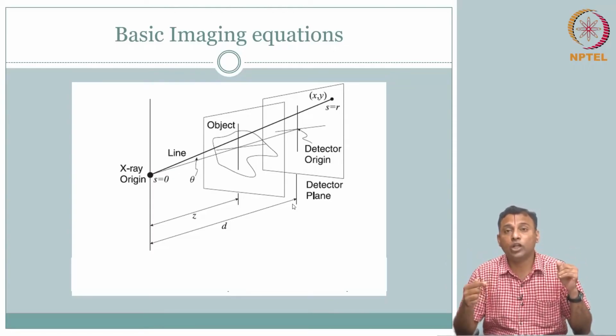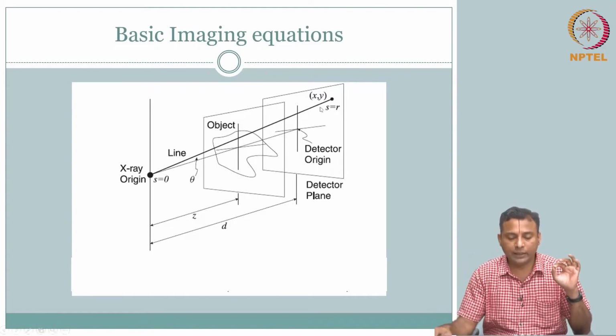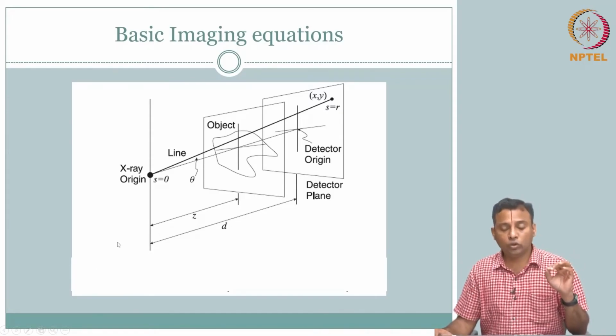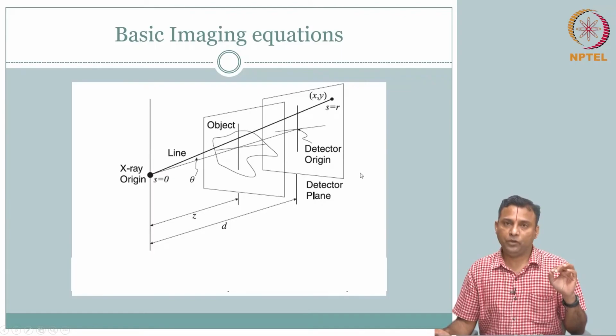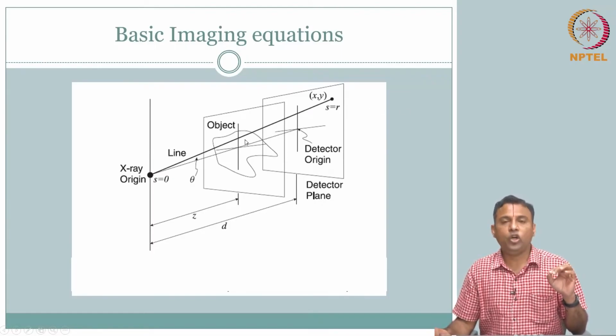So this is called a through transmission image. The setup that we discussed in instrumentation is a through transmission setup, that means you have a source on one side and a detector on the other side of the object.